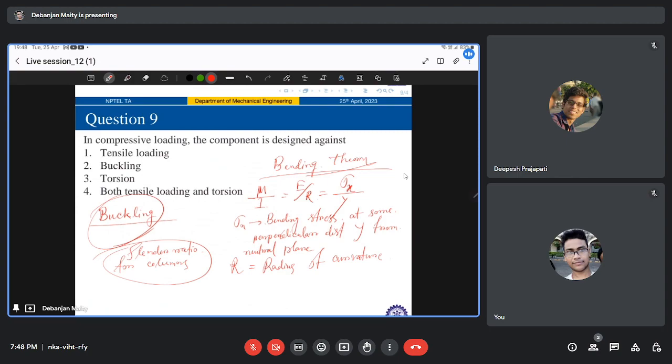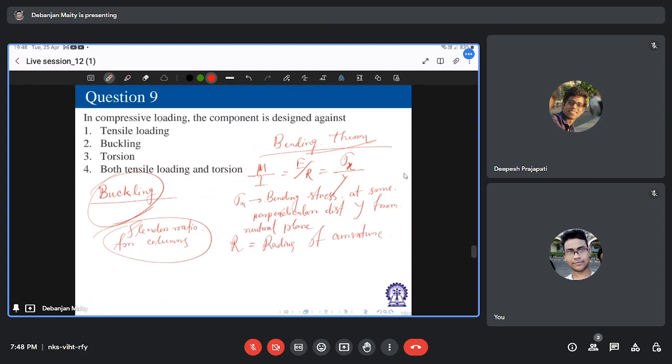So how can you measure slenderness? It is basically measured as the ratio of the unsupported length L to the radius of gyration.